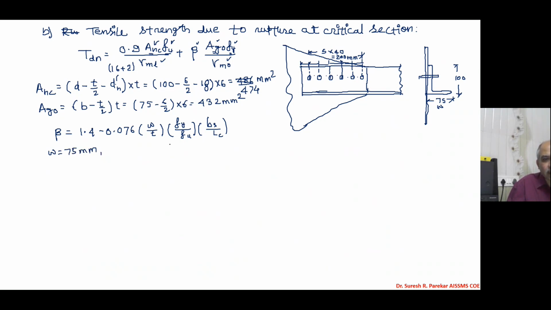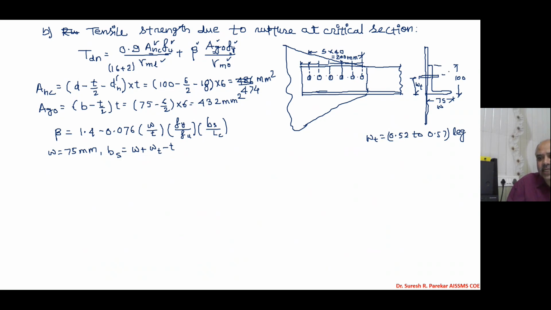T we know 6. Now Bs, if you go to table 6, we have W plus Wt minus T. What is Wt? Wt is the distance from outstanding leg to the center of bolt. And this Wt is generally taken between 0.52 to 0.57 into leg. Keep in mind, this is not from toe.